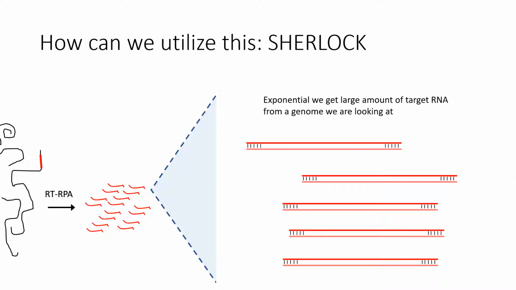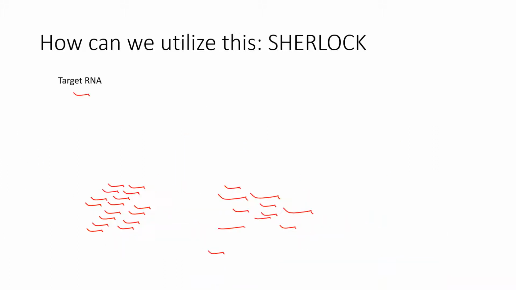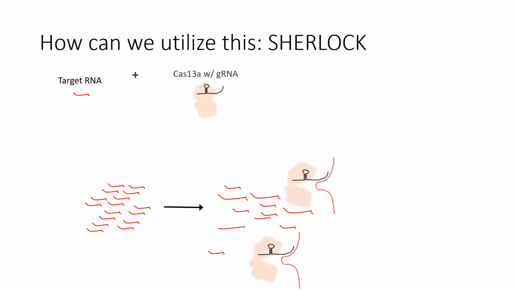We could go into where this Cas13a is utilized. So we have our amplified RNA, and we add Cas13a with our guide. Now there's this base pairing, and then we add a quenching reporter pair RNA.